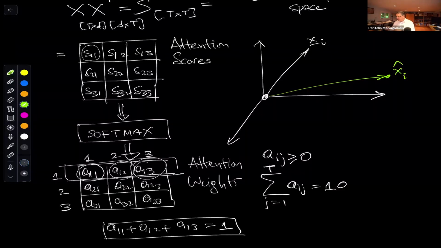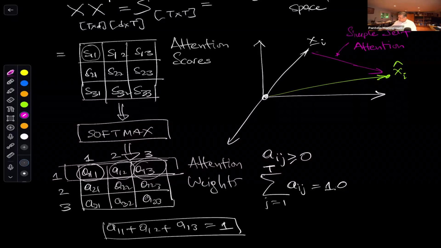So xi became xi hat, and you can imagine the simple self-attention mechanism as pulling this xi towards xi hat. Let's write it as simple self-attention.